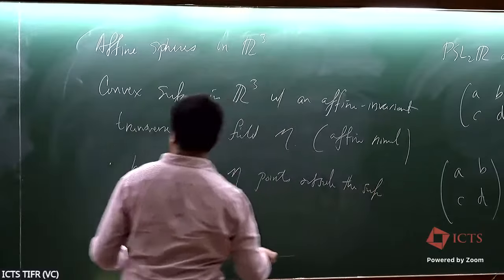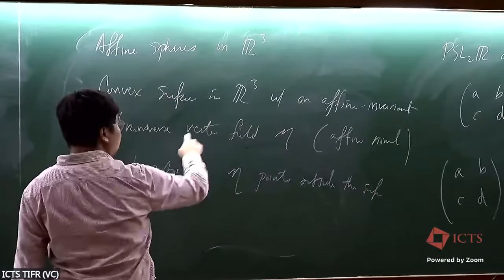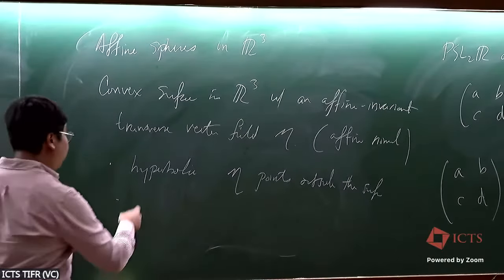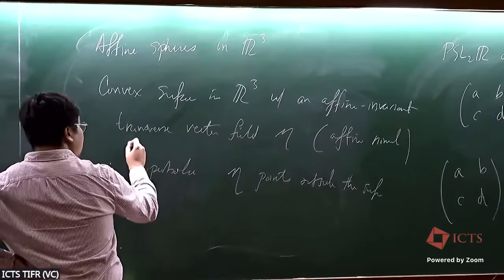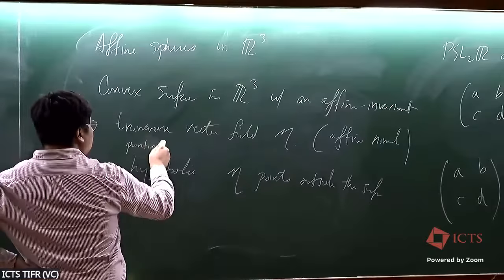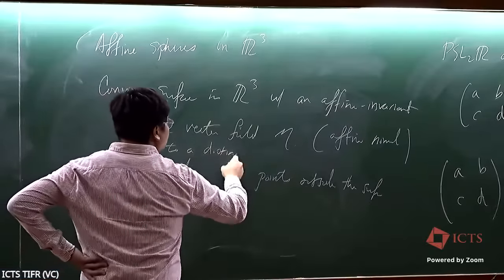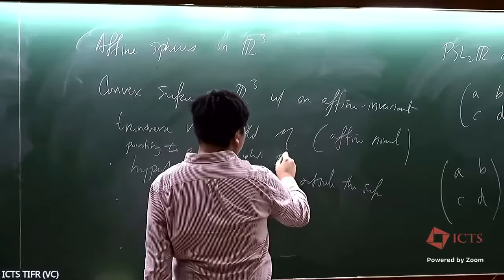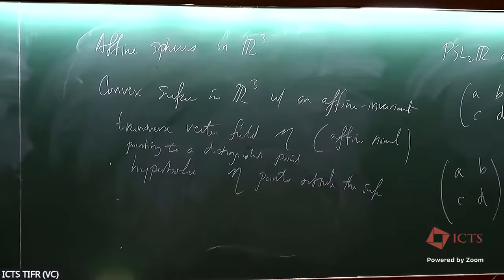Now, of course, I forgot a very important comment for affine spheres. It's not just any surface with an affine invariant transverse vector field. I need these vectors to all point towards a single distinguished point, so that I actually get a sphere. And where that point lands gives me my three types of affine spheres.